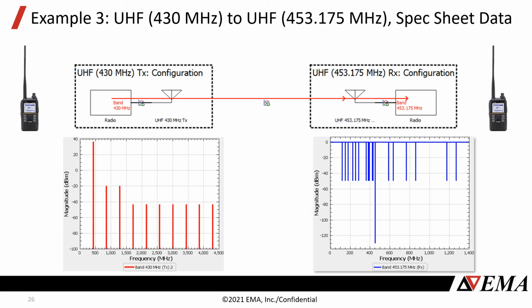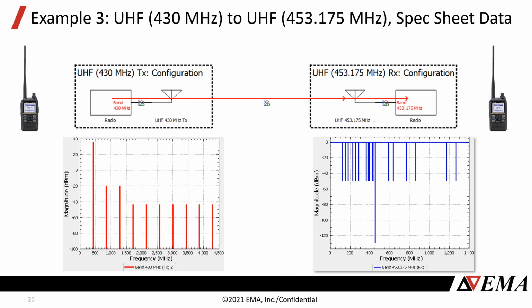Okay, in example 3, we're looking at a 430 megahertz transmitter interfering with a UHF receiver operating at 453.175 megahertz. So this is a case where it's not a harmonic, so it must be some other mechanism that is causing the interference to occur.